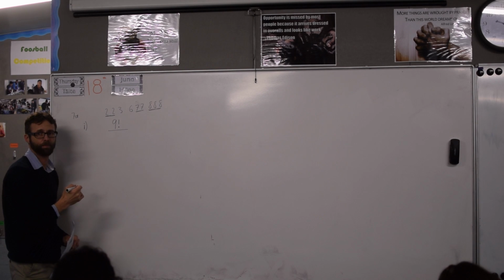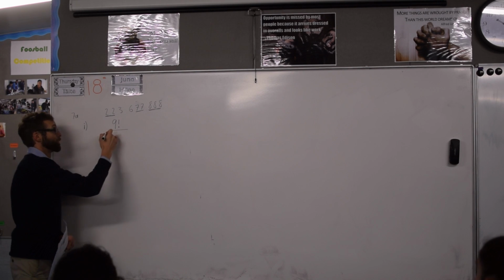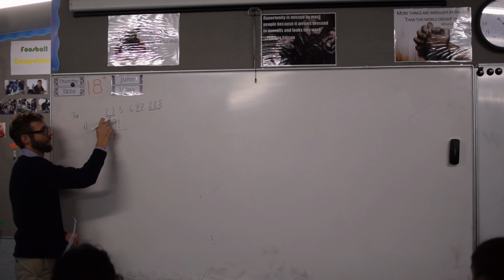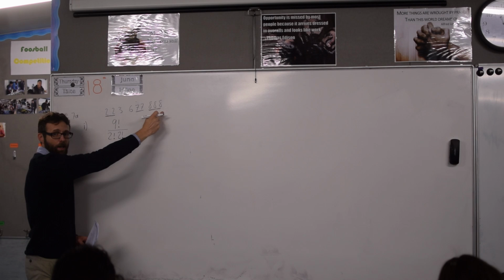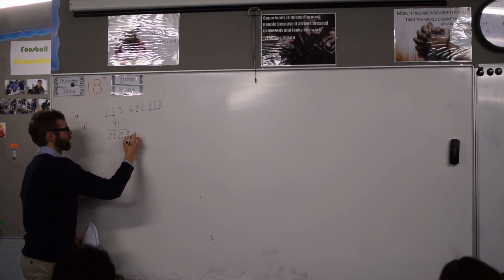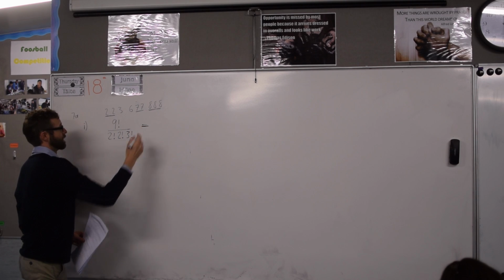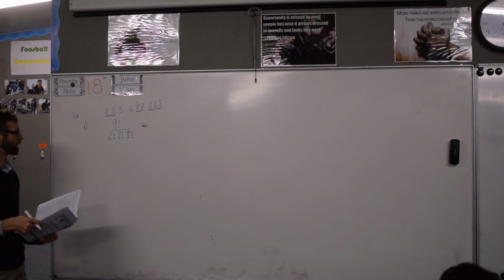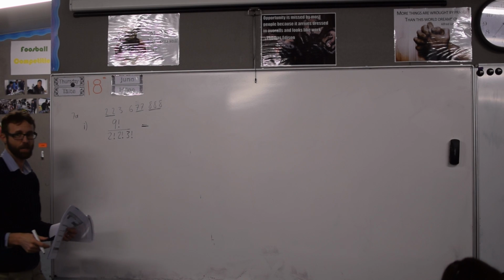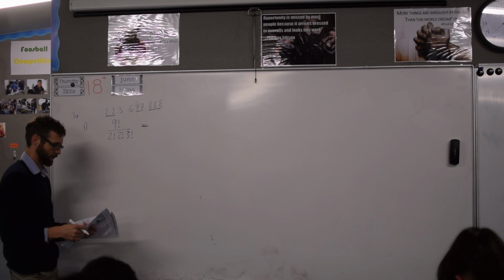Divide by 2 factorial for this guy. What's this one? 2 factorial. This guy, times 3 factorial. Equals. How many ways can we arrange the digits?